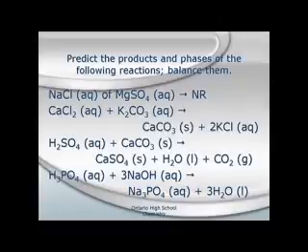In the second reaction, we have aqueous solutions of calcium chloride being added to an aqueous solution of potassium carbonate. We know that potassium chloride would be soluble because group 1 metals are soluble with everything. We know also that chlorides are soluble with everything except for silver, lead 2, and mercury 1.